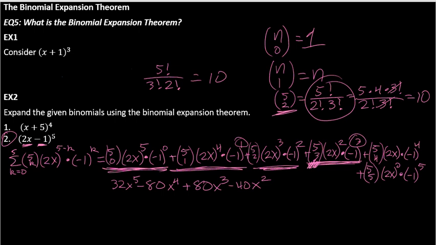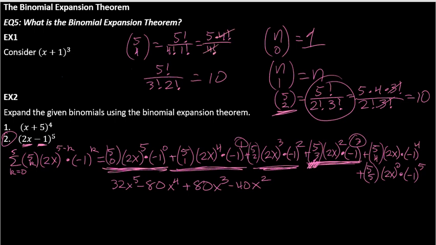Okay, the 5 choose 4. The 5 choose 4 is going to be the same as the 5 choose 1, right? So if I go ahead and write it out, 5 choose 4, that's going to be equal to 5 factorial over 4 factorial times 1 factorial. And that's just going to be equal to 5 times 4 factorial. And you get the idea.